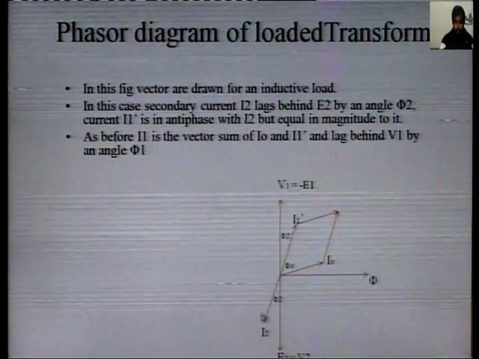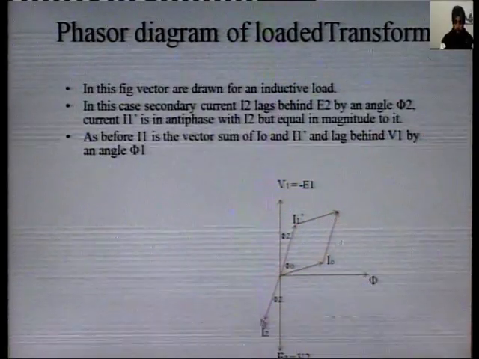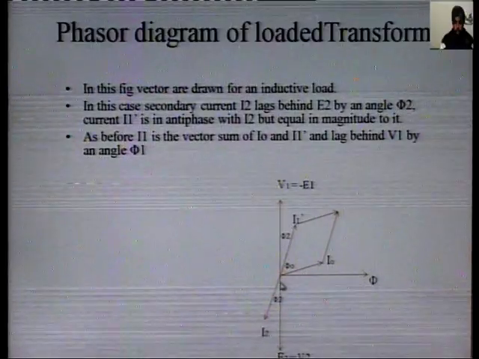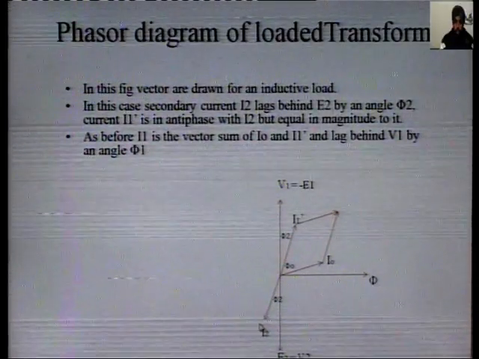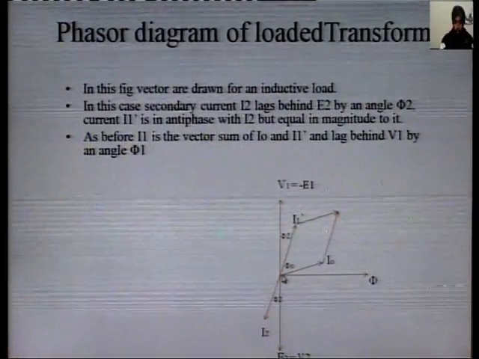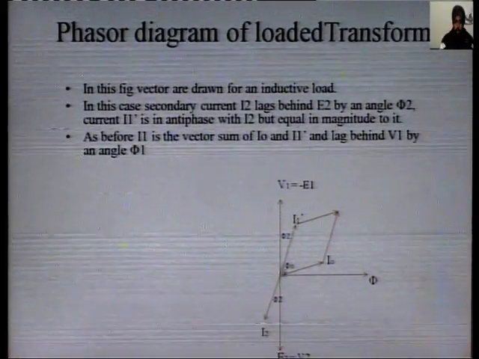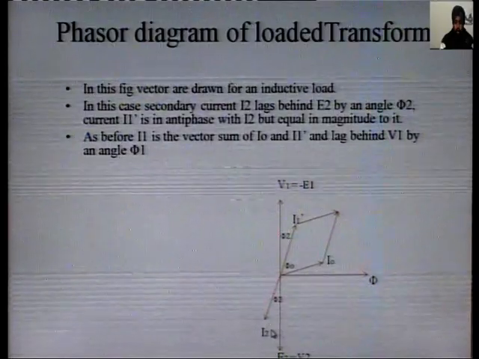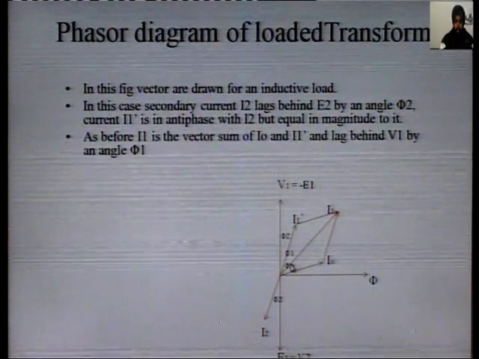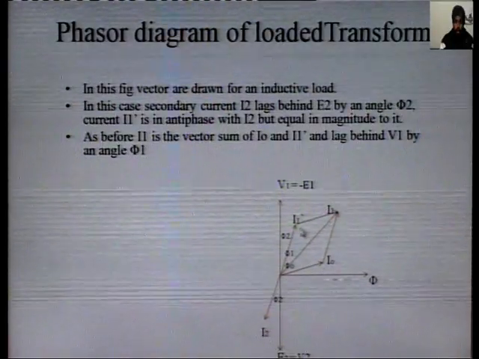So in the case of an inductive load, current I2 lags behind the voltage E2 by an angle phi 2, I1 dash is drawn opposite to I2, and total current I1 is the vector sum of I0 and I1 dash.